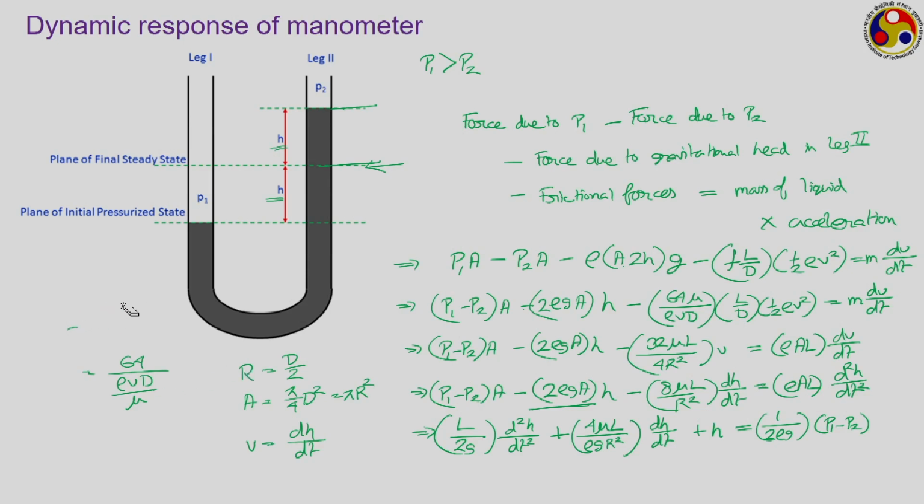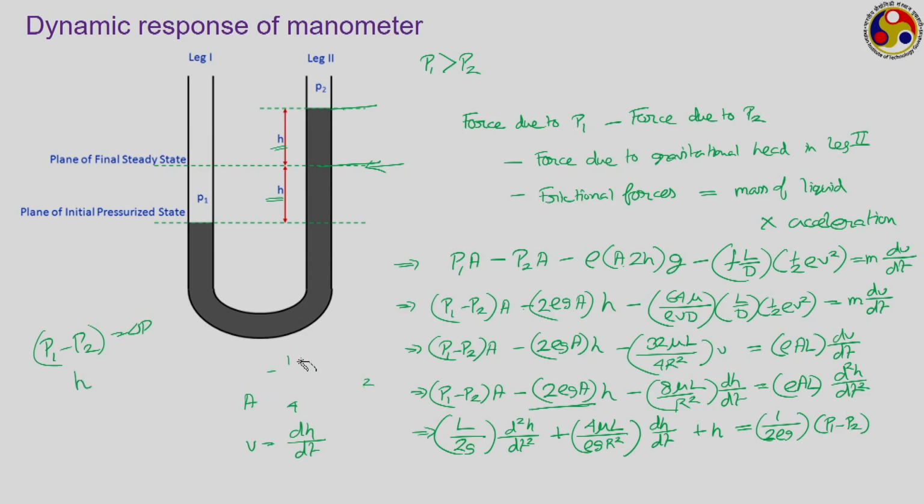Can you find similarity with any of the equations that we have seen earlier? Here P1 minus P2, which can also be written as delta P, is the imposed pressure difference, that is the input to your system. H is the output of your system. Then isn't it looking like a second order system?